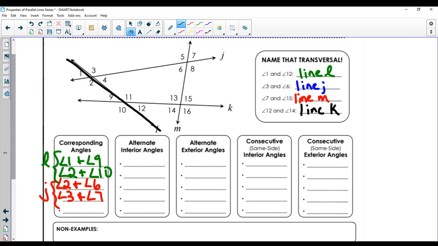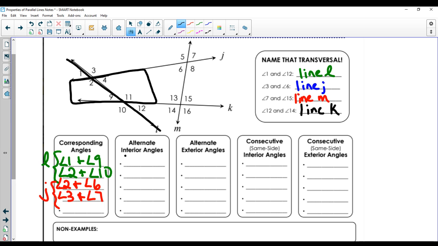The interior space you're talking about is these angles in here. Okay? It's those 4 inside. They are inside lines J and K. That's what I mean by the interior thing, okay? They're inside those two lines. And then alternate means they're on different sides of the transversal.